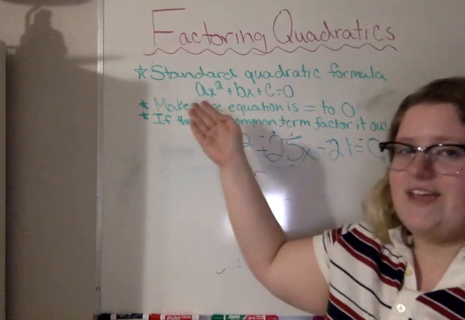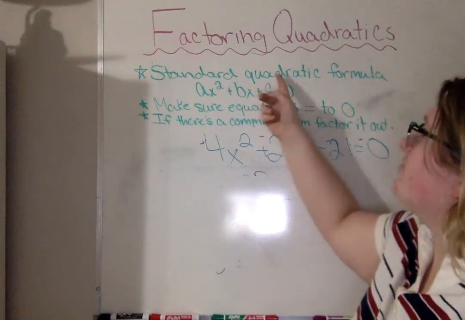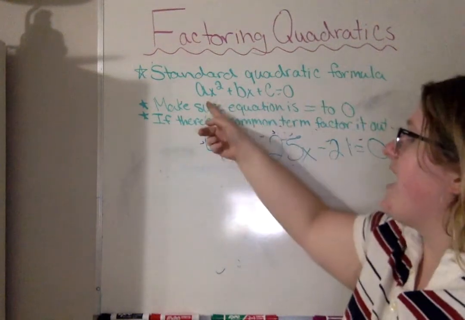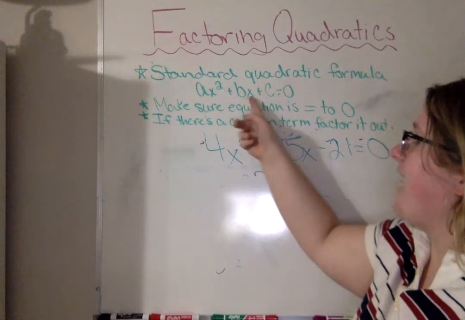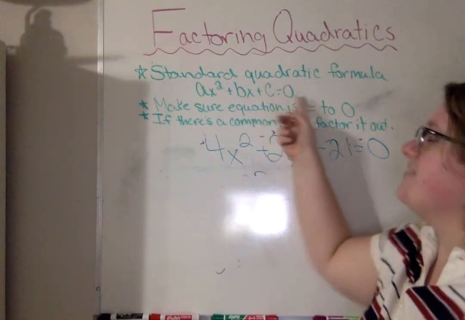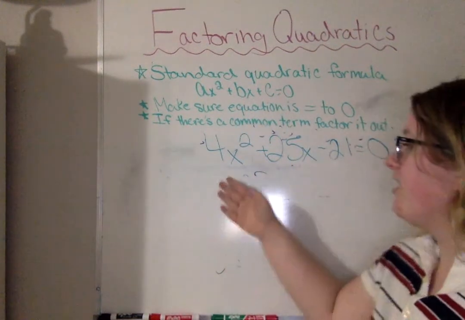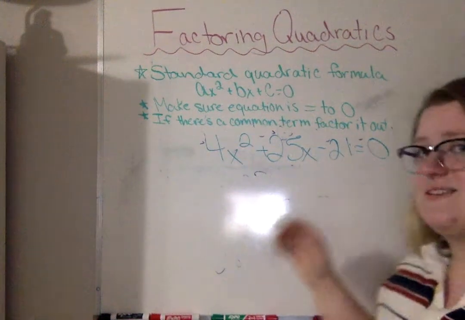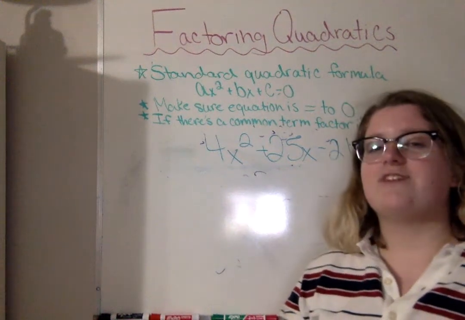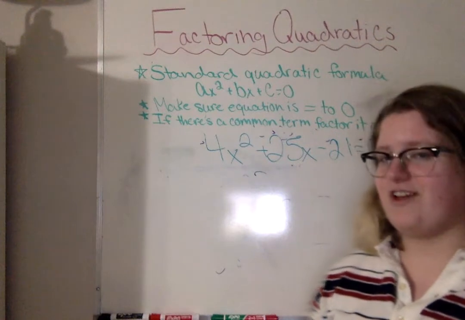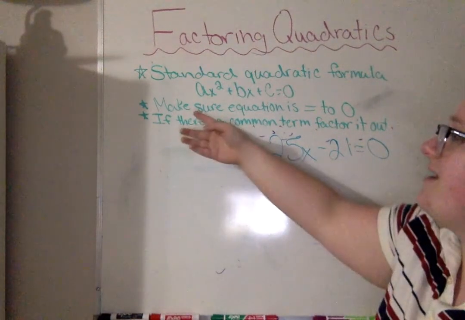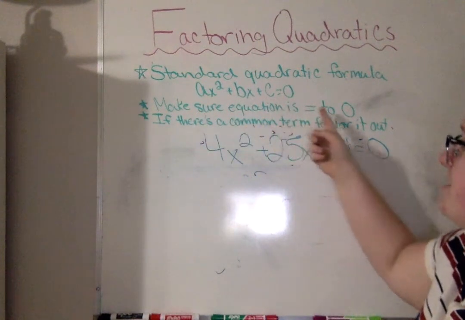So, just to reiterate, the standard quadratic formula is ax squared plus bx plus c equals 0. Now our equation looks exactly like that, so we are set to continue factoring. We then need to make sure the equation is equal to 0.